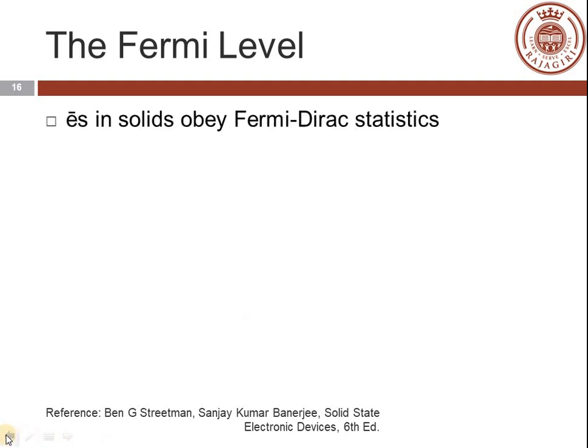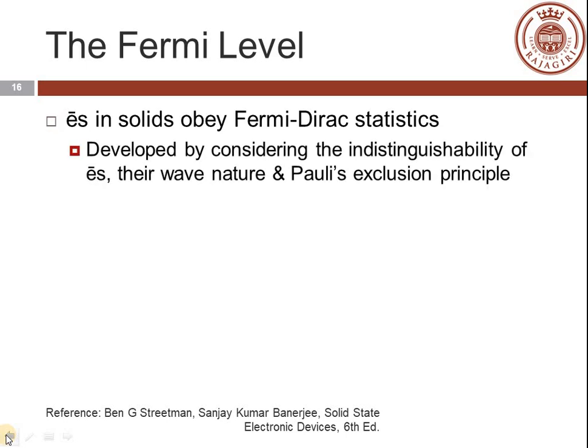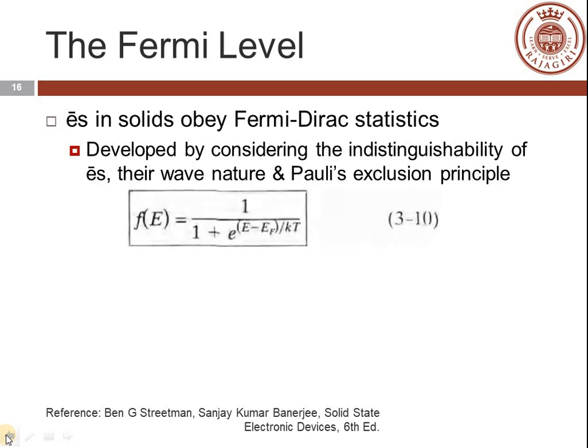Electrons in solids obey Fermi-Dirac statistics. This statistics is developed by considering the indistinguishability of electrons, their wave nature, and Pauli's exclusion principle. It is given by the expression f(E) equal to 1 divided by 1 plus e to the power (E minus EF) divided by kT.